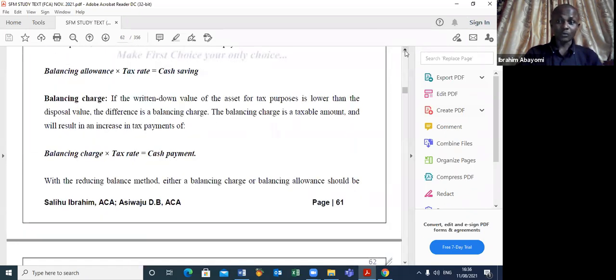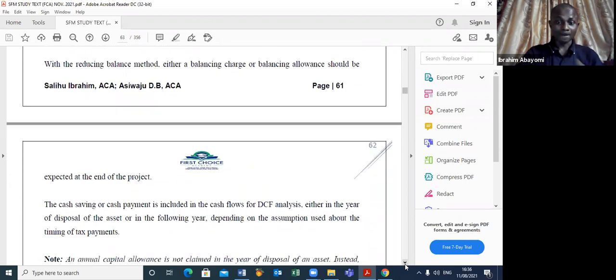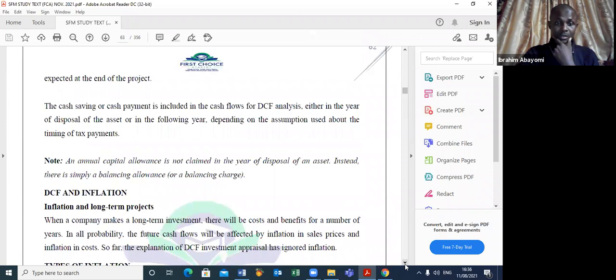Specifically, we looked at how taxation affects our NPV calculations and how you are to deal with tax. Then we also looked at balancing capital allowance and how it should be treated while computing NPV.